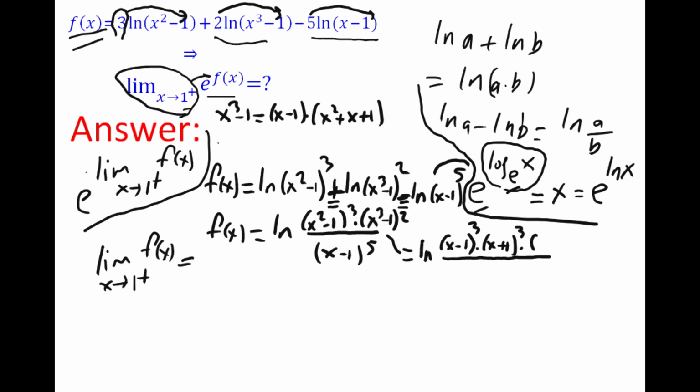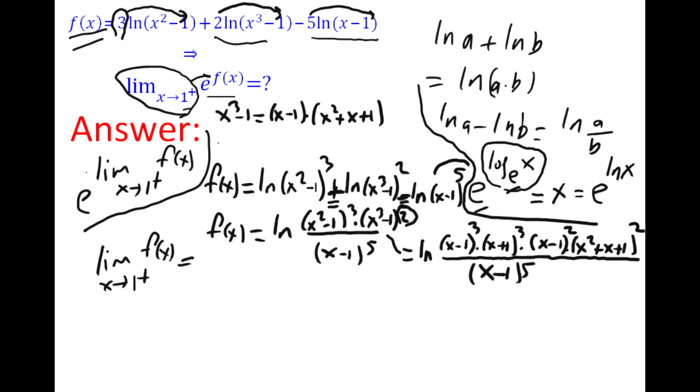So I'm going to write it here. And that power, which is 2, is going to come here as 2 and here as 2. And in the denominator, we have (x minus 1) to the power of 5, guys.